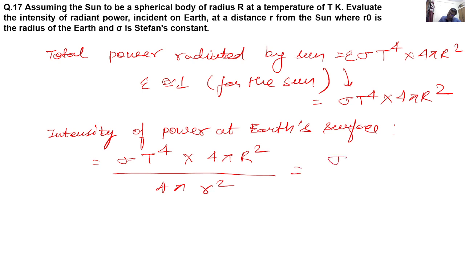So it will come out to be sigma T to the power 4 capital R square by small r square. And that's the answer. So 17th question is done. We will have 3 more questions for the day.